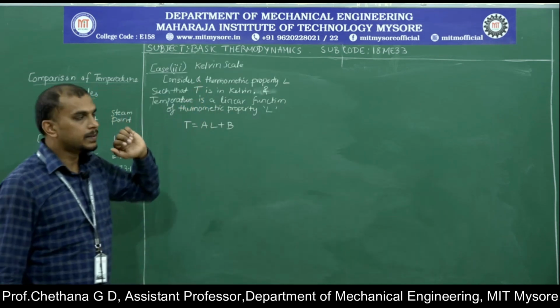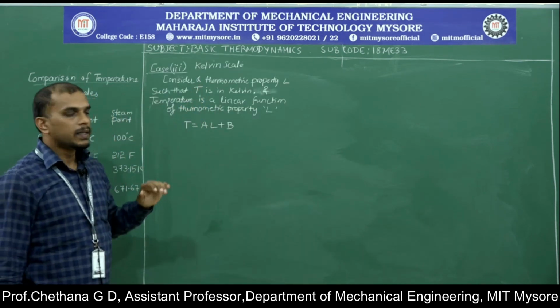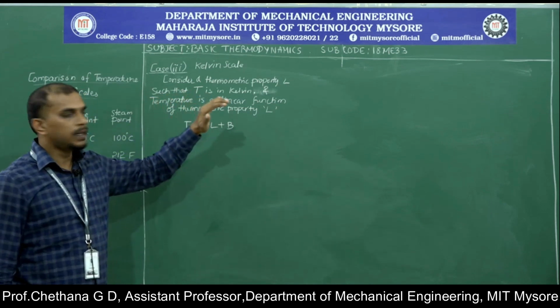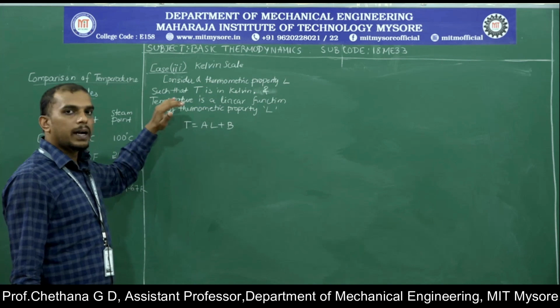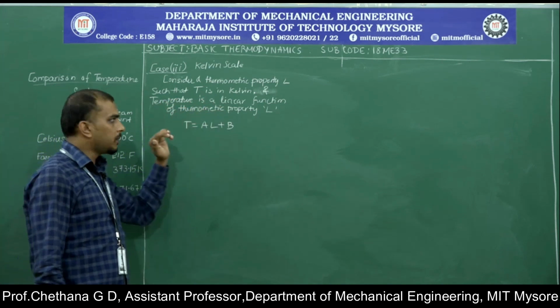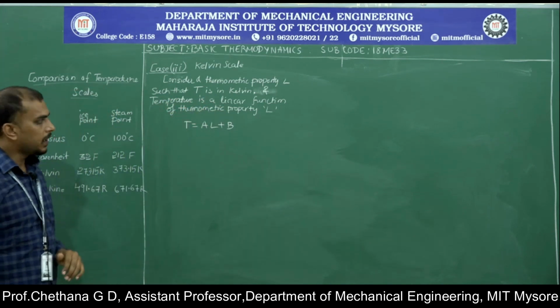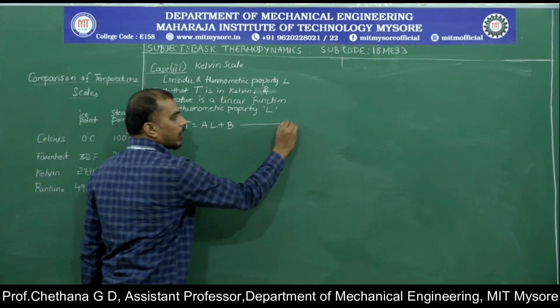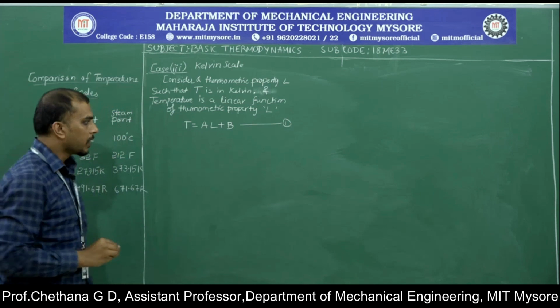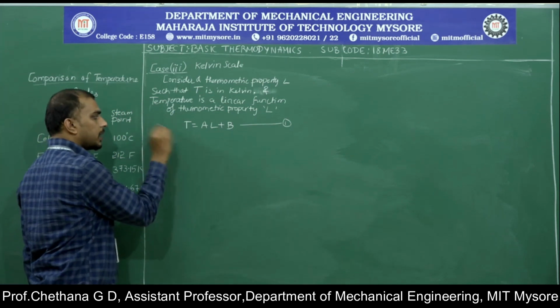Case 3, we will consider Kelvin scale. Consider a thermometric property L such that temperature T is in Kelvin and temperature is a linear function of thermometric property L. So we write the expression T is equal to AL plus B and call this as expression 1. So we know two boundary conditions.